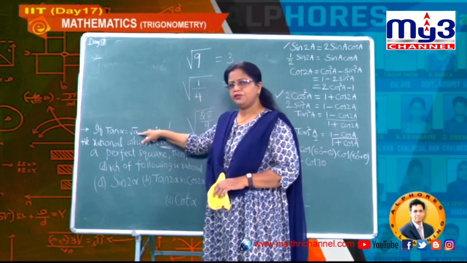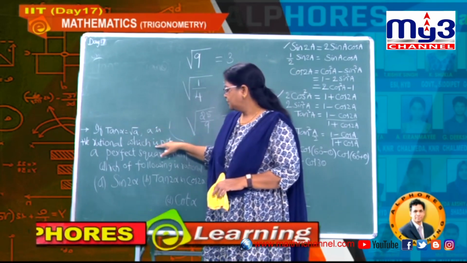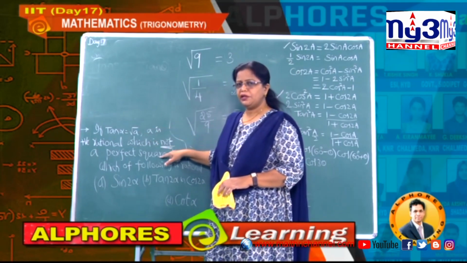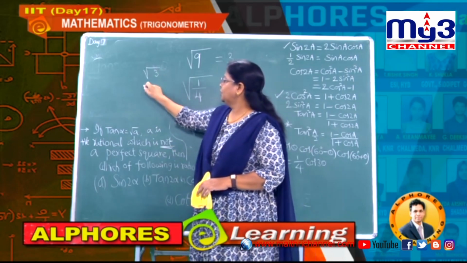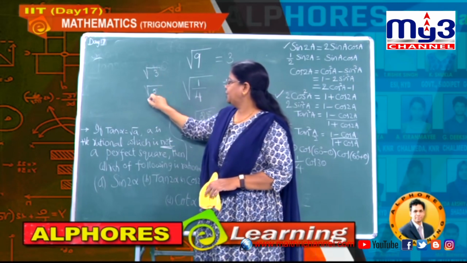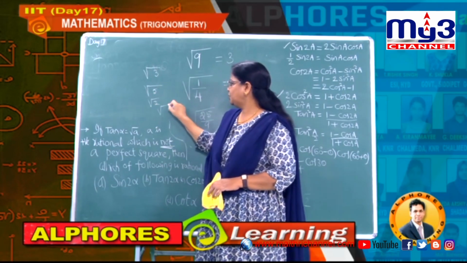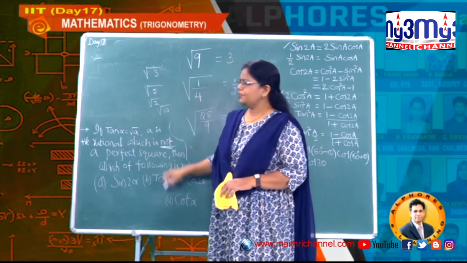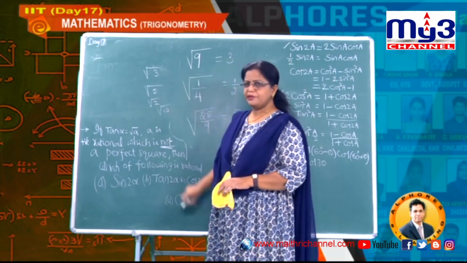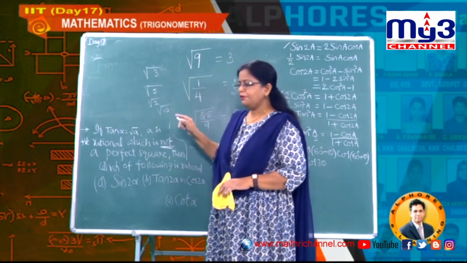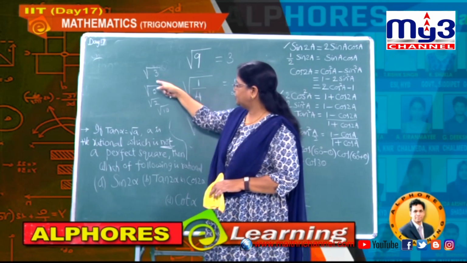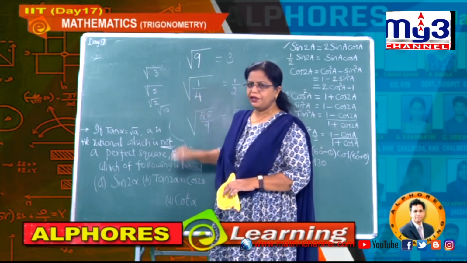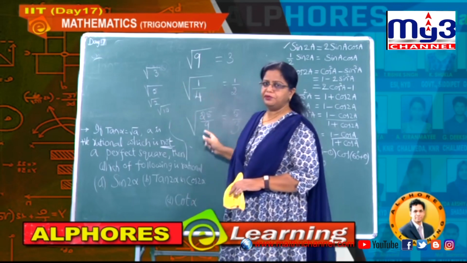Tan alpha is root a, moreover a is a rational number, but it is not a perfect square. That means it is like this: root 3, or root of 5, or root 2, or root 10. Understand, not necessarily prime numbers, it may be a composite number, but it is not a perfect square. So a is like 3, 5, 2, 10 etc., but not of the perfect square model.